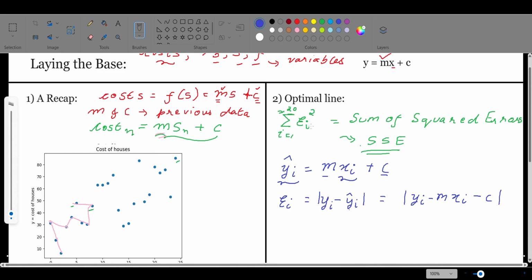Or equivalently, Ei squared is equal to yi minus m xi minus c, the whole squared.